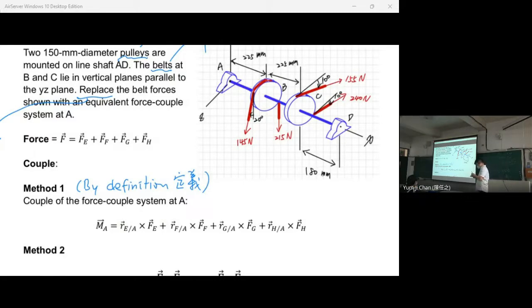We have point E, point F, point G and H. Suppose we have point E, then we have r_E with respect to A cross F_E, and suppose we have point F here, then the moment arm is r_F with respect to A cross F_F, and so on.